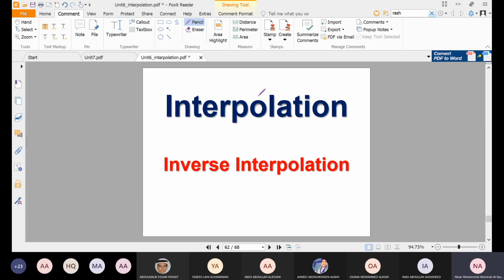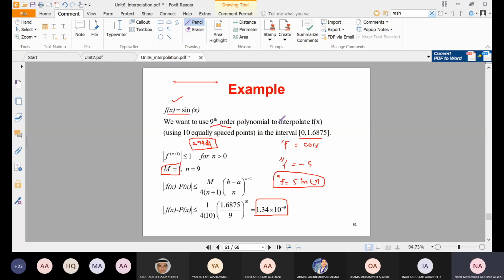Okay, Doctor, for m, we will substitute sine x to the power 10, which one? No. We take the nth derivative, the derivative of order n, not the sine to the power 10.